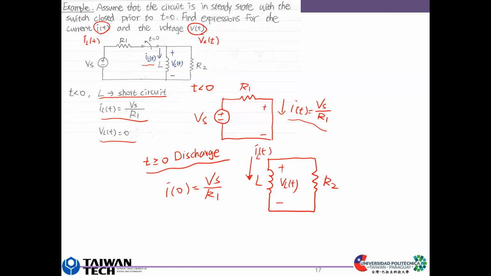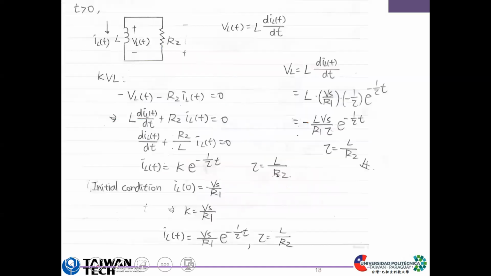In this case, because the initial condition is not 0, you have to derive this first order ODE by using KVL. This is how it works. The current is flowing from the positive terminal to the negative terminal, and the current flowing through R2 makes this side positive and this side negative, and then we can apply KVL.